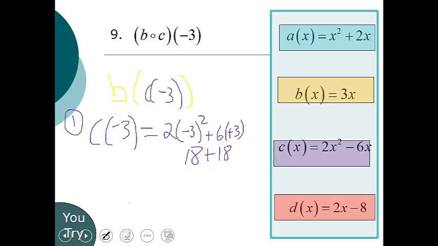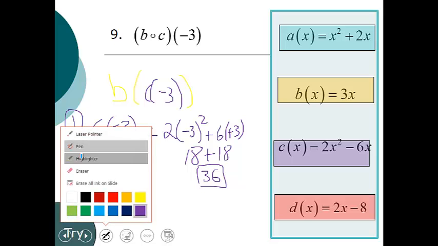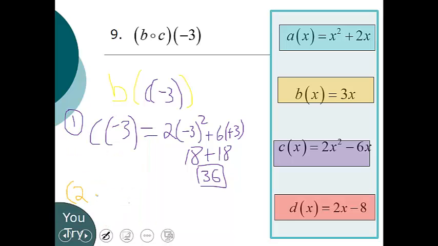You got positive 18, so this evaluates to 36. So this purple part here in the second step is now going to become B of 36. So we have B, which is 3 times 36, which gives you 108, and you are done.